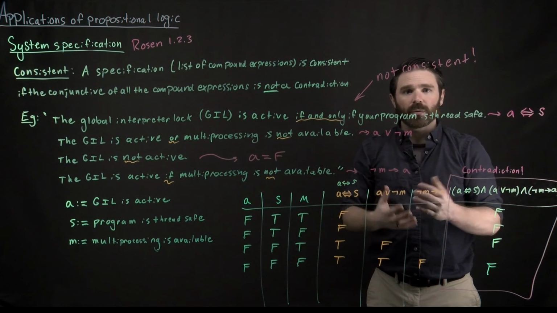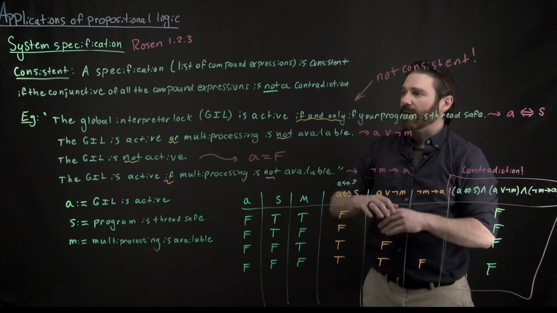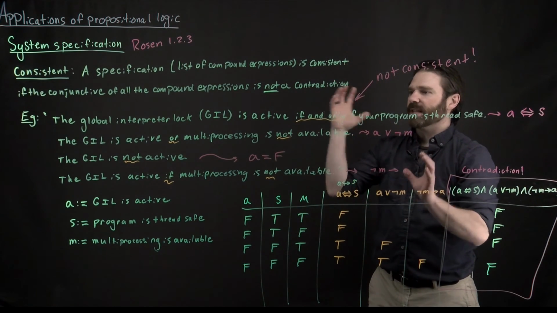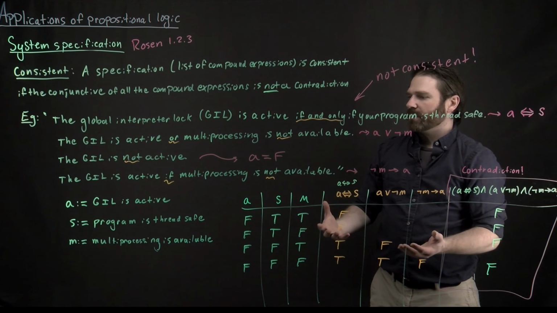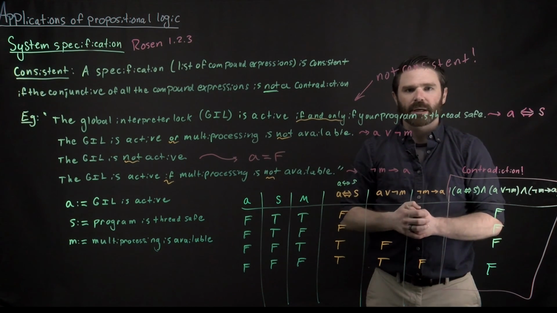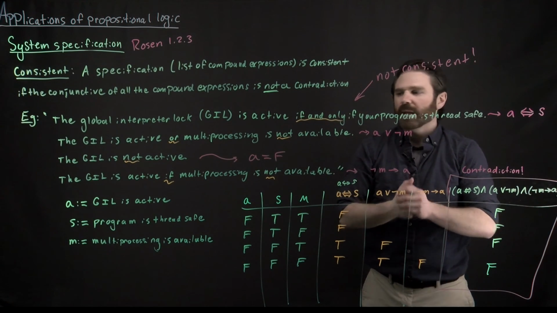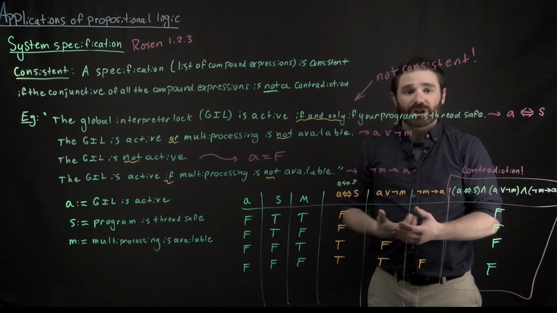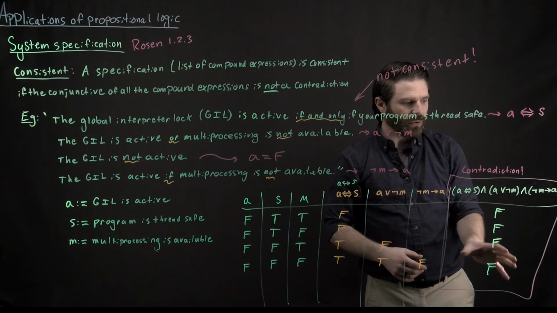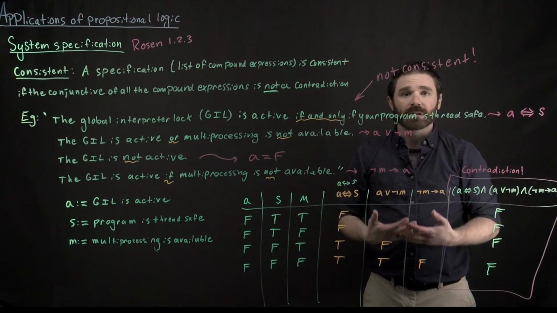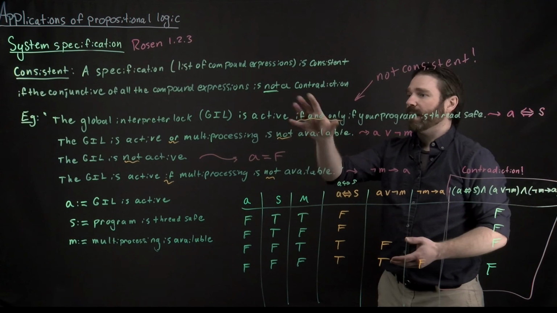So it can be helpful when designing a very complex piece of software, a piece of code, if you write down all of the specifications that you want and interpret them into logical expressions. And then, if you remember the previous video with NLTK, you can actually automatically check for yourself whether or not that thing is a contradiction. And that can help you decide whether or not your specification is actually going to be consistent.